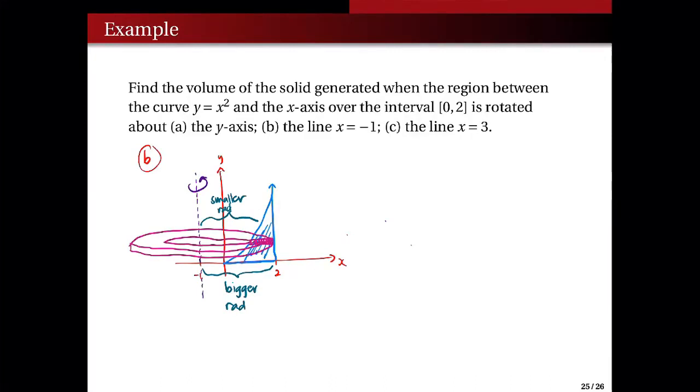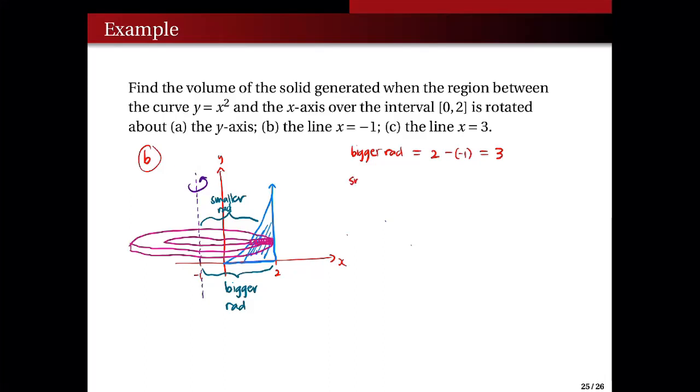So if we write that, bigger radius is equal to x equals 2 minus x equals -1, so minus -1. So this is your 3. But anyway, in my setup I'll write 2 minus -1.